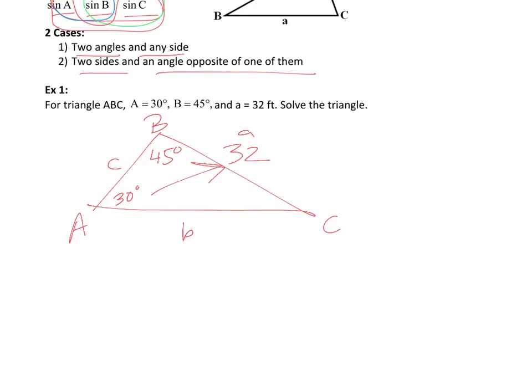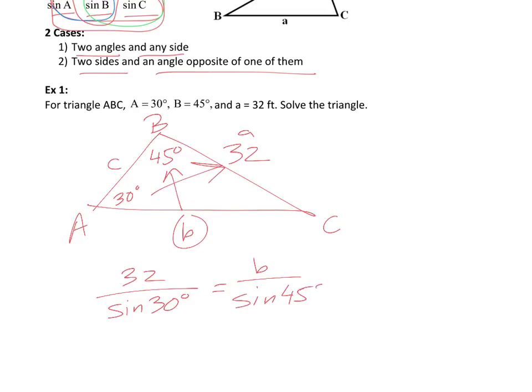We use the side length, 32, over sine of 30 degrees, equal to b over sine of 45 degrees.